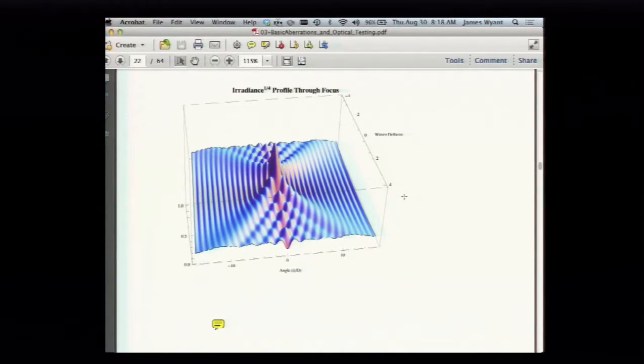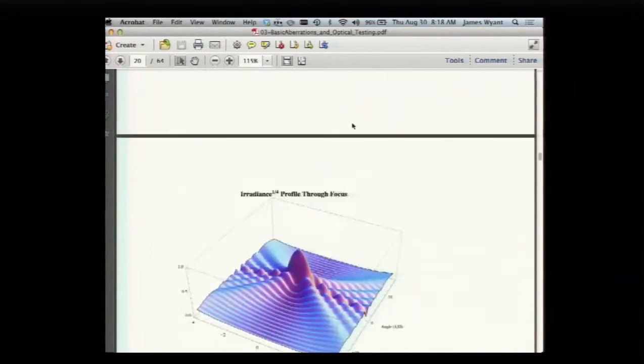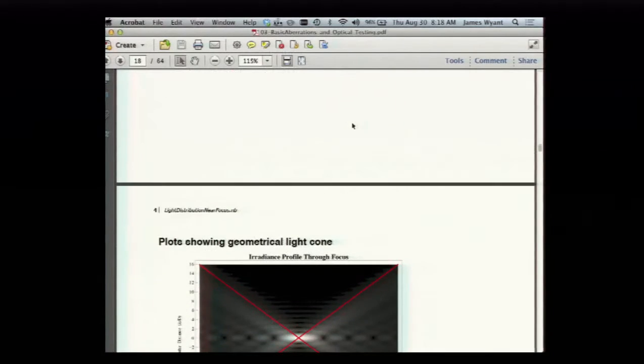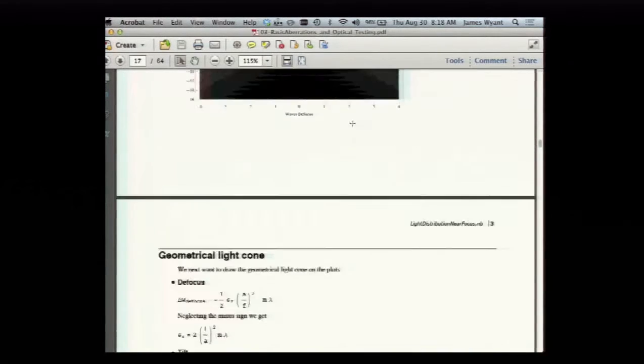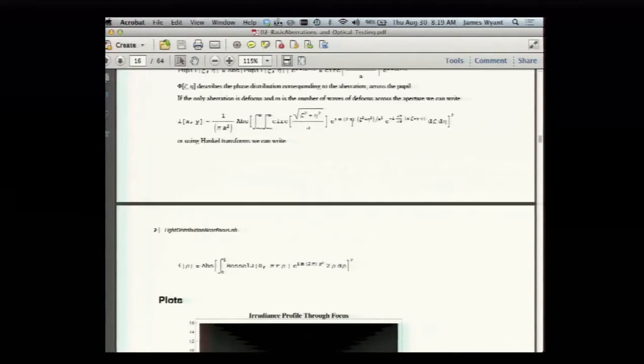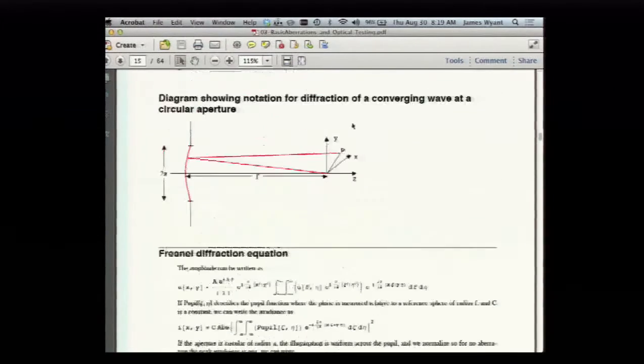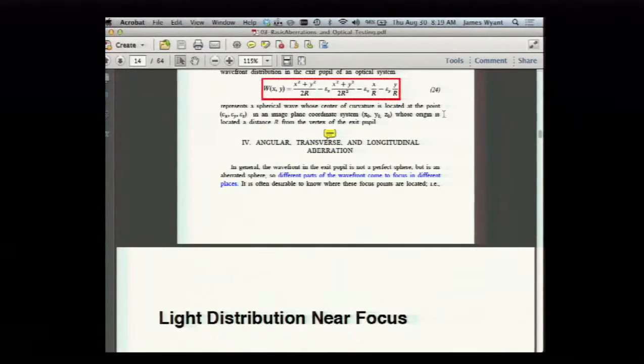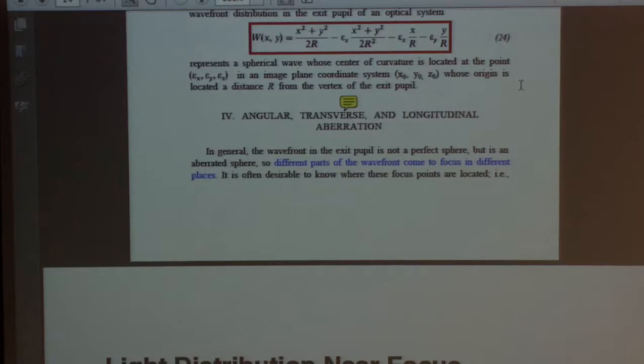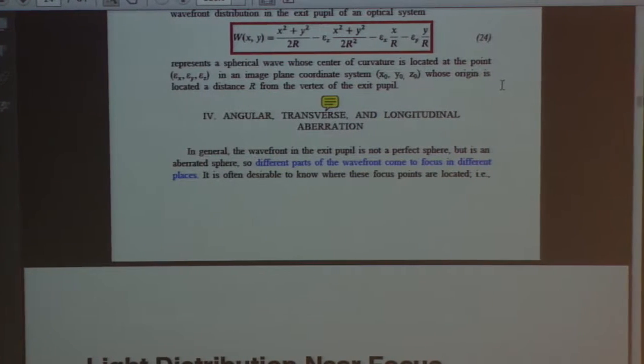Okay, so we've talked about spherical waves quite a lot. Let's now talk about aberration. So the next section here, we're going to talk about angular, transverse, and longitudinal aberration.